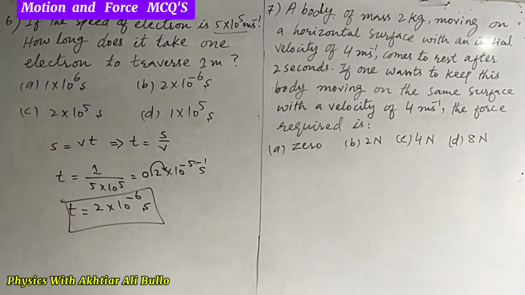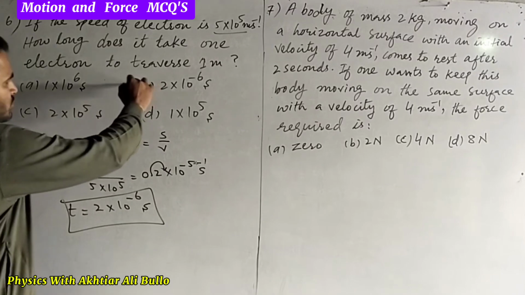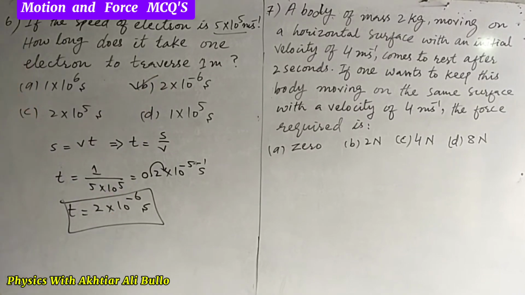So the correct option is B, 2 into 10 raised to power minus 6 second.